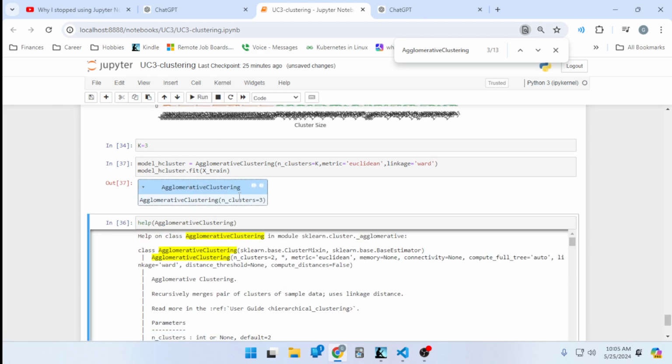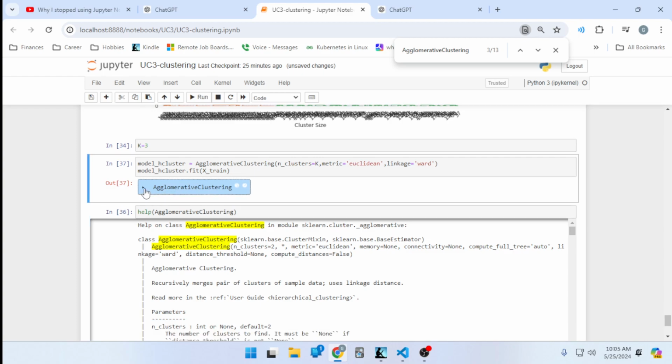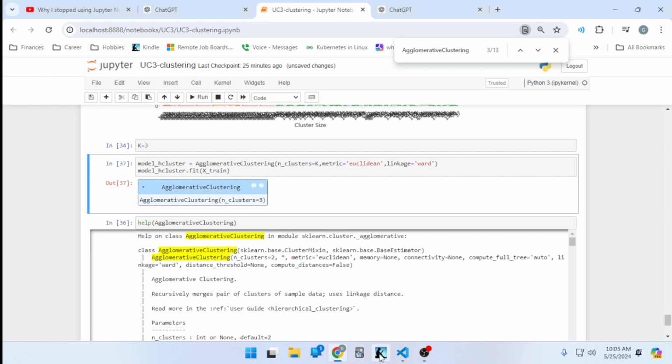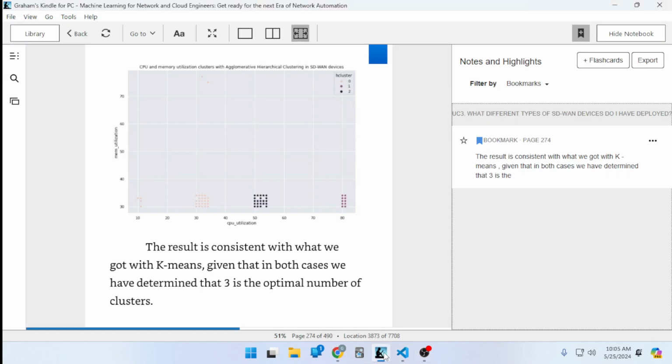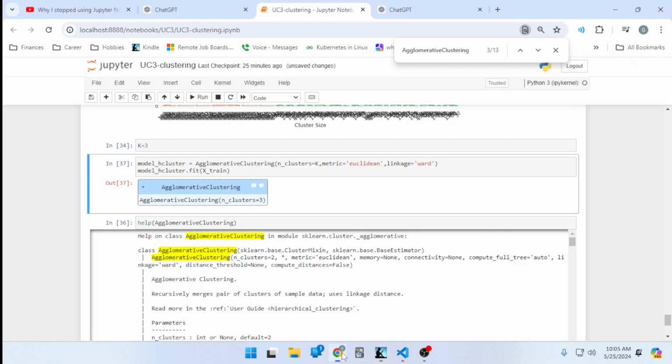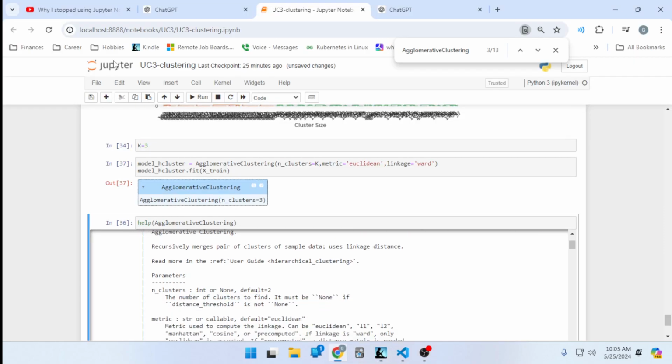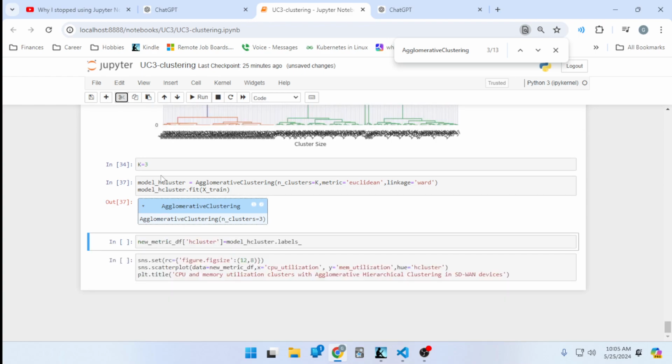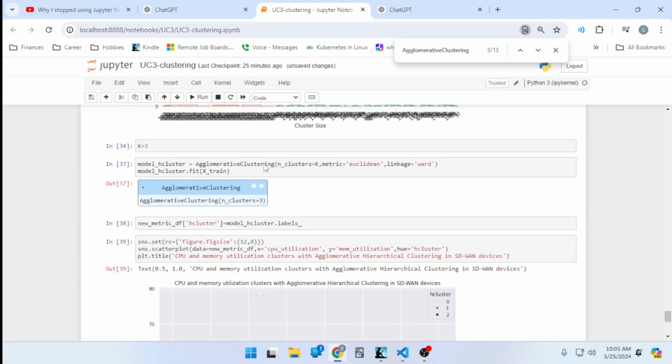All right, and now we got something. We got it to run without an error. We've got an output here that looks like something that would be in the book. But let's see if we get the same graph. So we don't need this cell anymore. Let's get rid of it. There we go. And then, yep, so that ran.